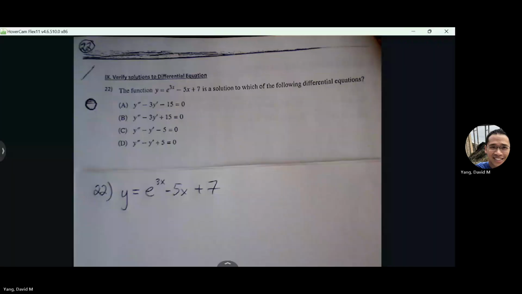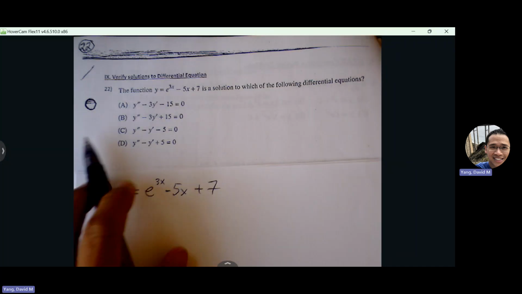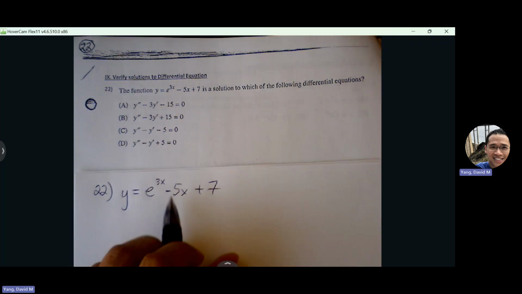So yeah, you guys can write down this problem here. We're going to work on the equation y equals e to the 3x minus 5x plus 7. If you look at answer choices A, B, C, and D, they all require information about y prime and y double prime.